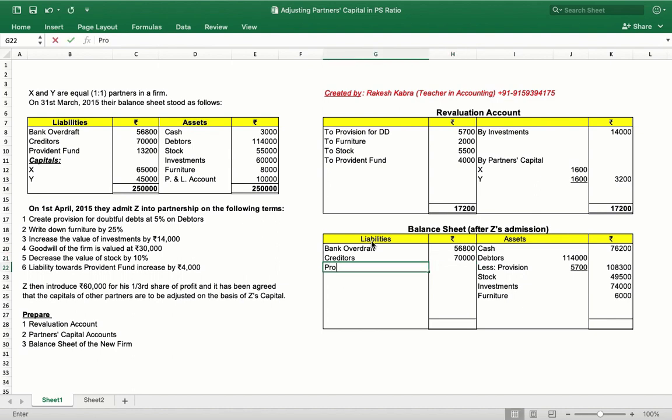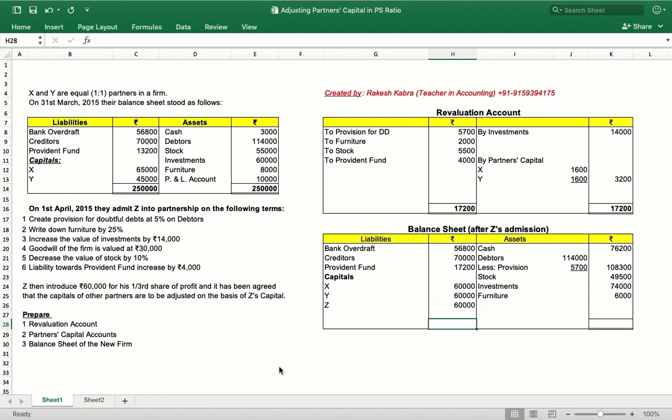Provident fund: the old value of provident fund was 13,200, and as per point number 6 we need to increase this provident fund by rupees 4,000. So we will add that 4,000 here. And now we will show the balances of partners' capitals. Capital of X after adjustment is rupees 60,000. Capital for Y is also 60,000 and capital for Z is also 60,000.